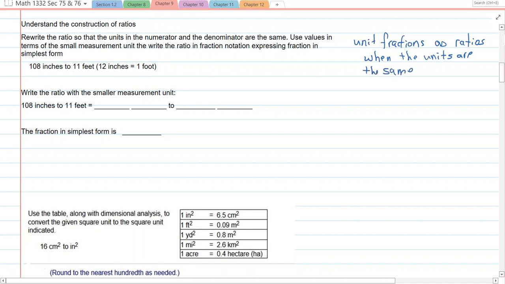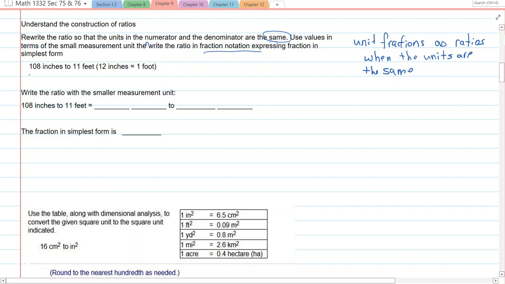Now, these unit ratios give us a concept of relationship of the numerator and the denominator of reference items that we're going to do much more in chapter 10. So rewrite the ratio so that the units in the numerator and denominator are the same. So we're going to convert something. Use values in terms of small measurement units. Then write the ratio in fractional notation, expressing it in simplest form.